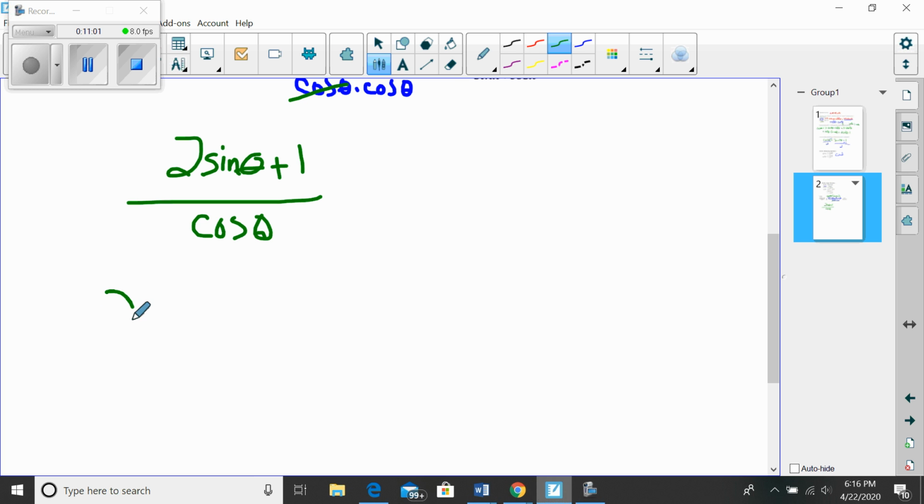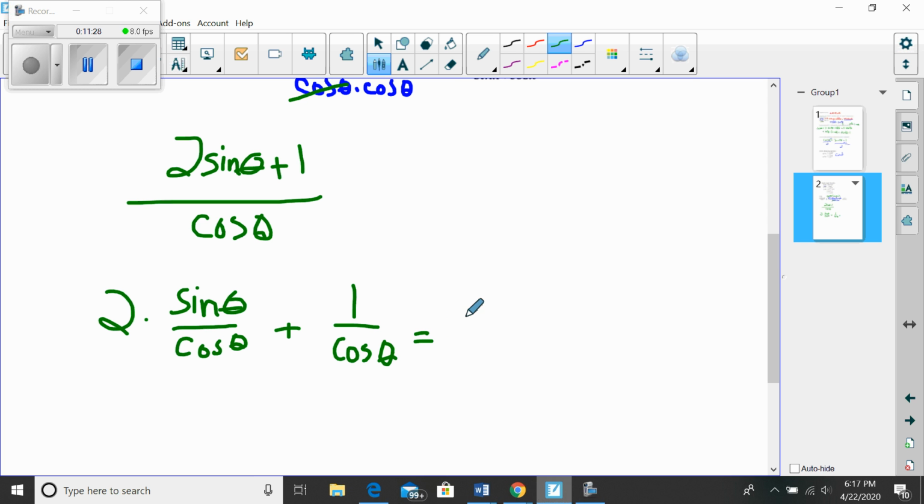Well, no, let me just show you this. I could divide each one by cosine. I could go like that, right? I pulled the 2 out in front, and then I could do 1 over cosine, so I divided each term by cosine. Sine over cosine is tan, so 2 times tan, and 1 over cosine is secant.